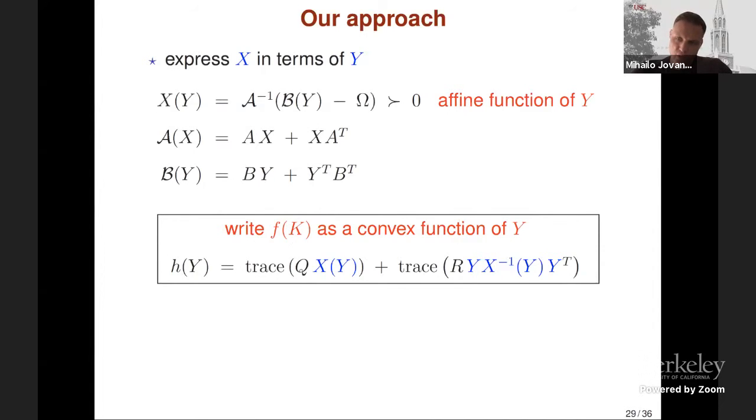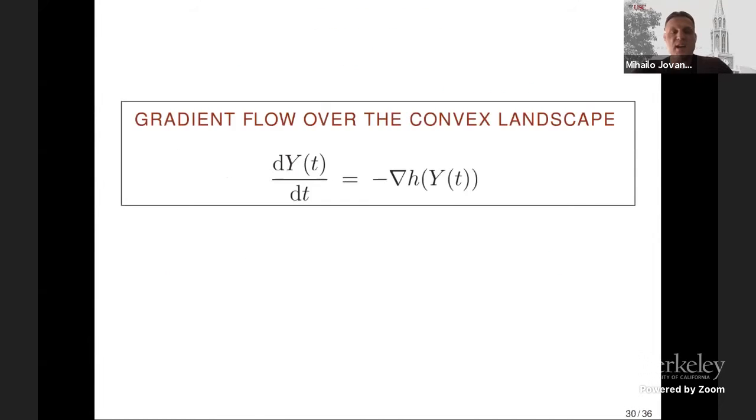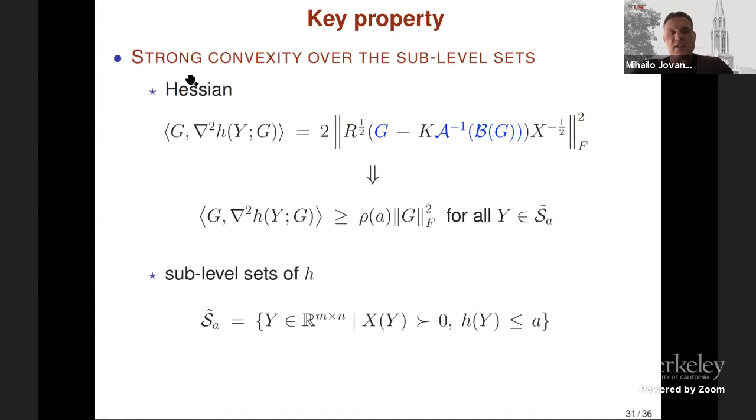Very good. So you have convexity in the new variables, right? And now if you're happy with working in Y coordinates, then you need to study gradient flow in Y coordinates over the convex landscape. In addition to convexity, it turns out that you have strong convexity over the sub-level sets of the LQR cost in this new set of coordinates, right?